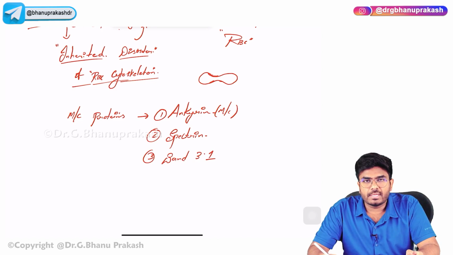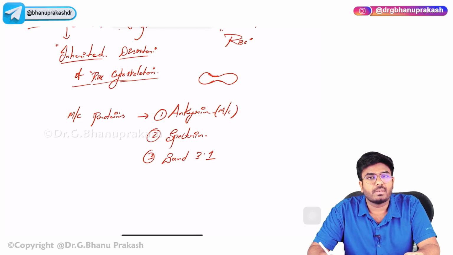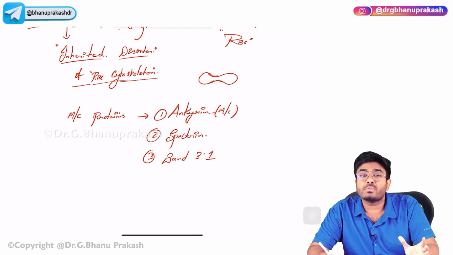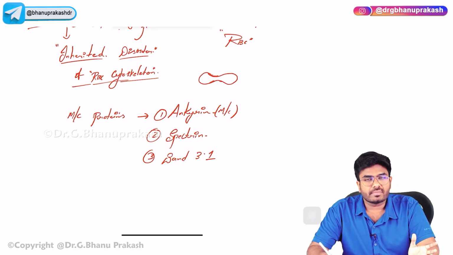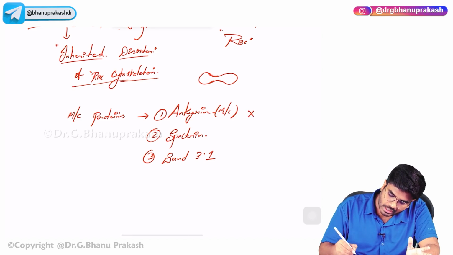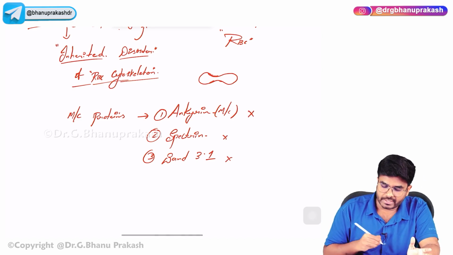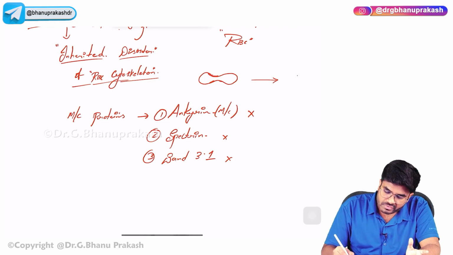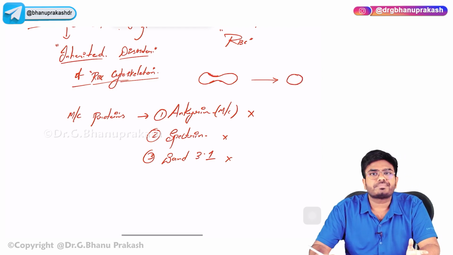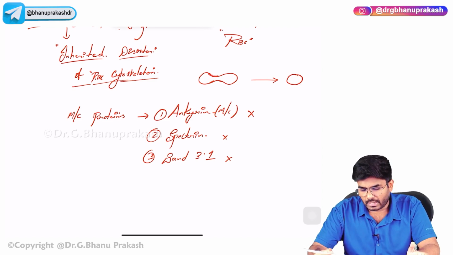These are different types of proteins present in the RBC cell membrane. These are actually cytoskeletal proteins, and they help in maintenance of the biconcave shape. Now, when these proteins are mutated, the shape of the RBCs is going to go from biconcave shape to round shape.